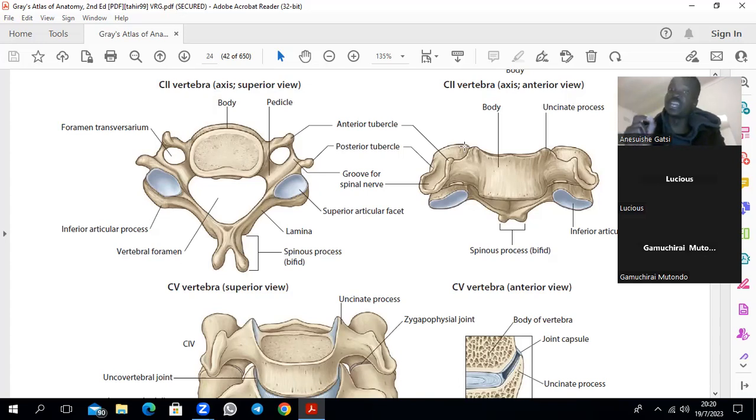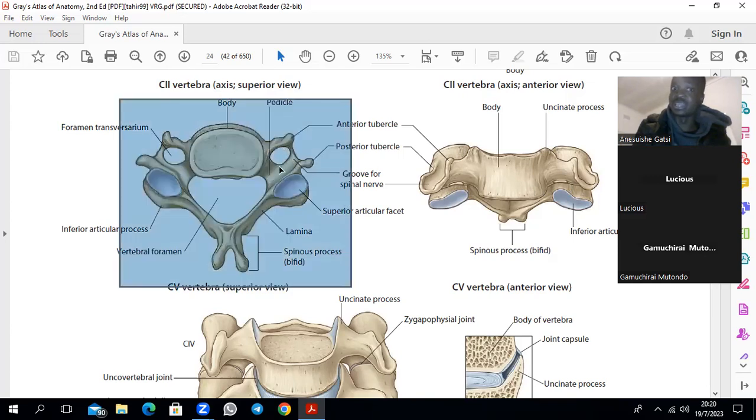So inferior articular facet, this one, for cervical vertebra, it faces downwards and forwards. Then you're good. Right.